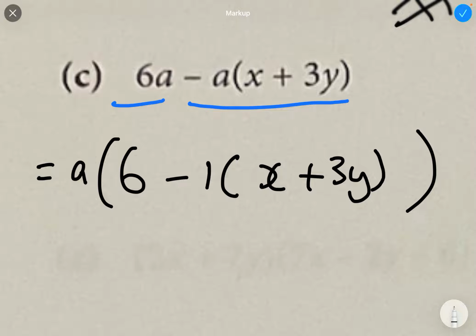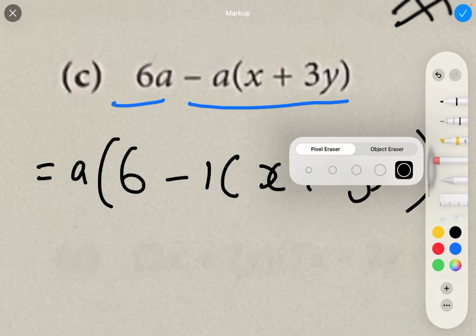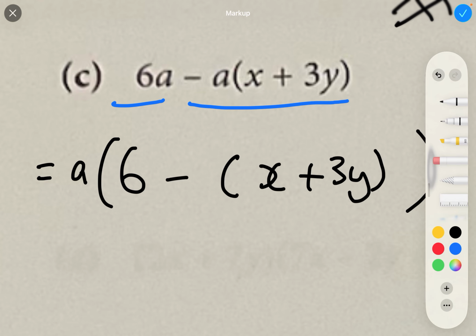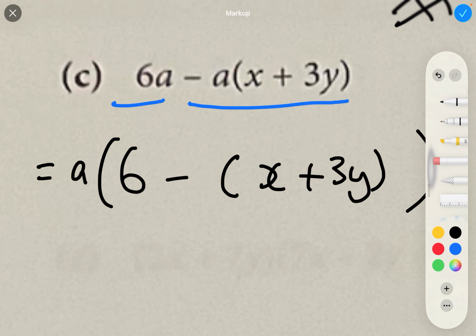But you can don't write the 1 because minus 1 times bracket, we can don't write the 1. Yeah. Very good. Okay. Then after that, we can simplify further.